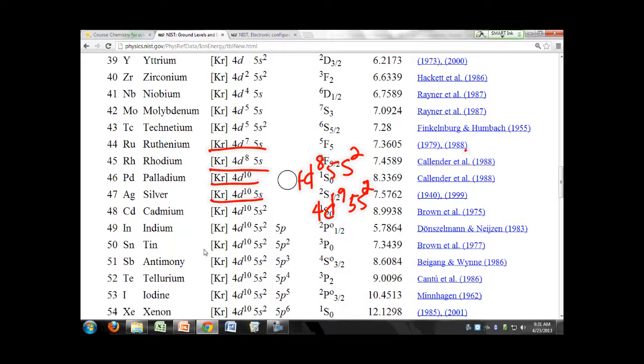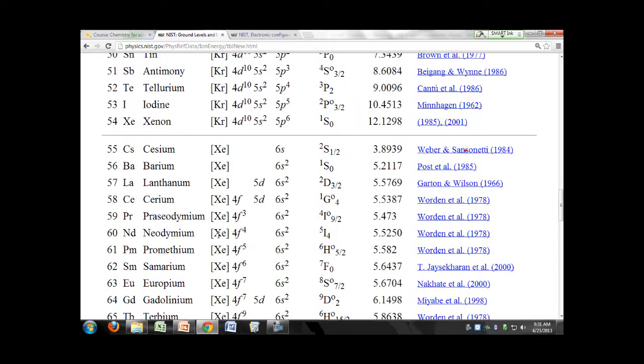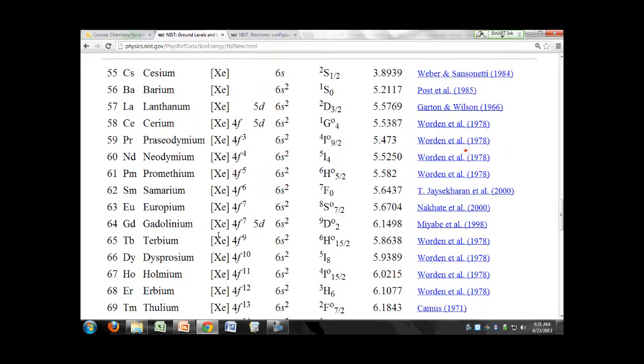Now let's look at a few more exceptions. You'll see even more exceptions when you start filling in the F subshells. Once you get to your lanthanide series, here's an exception. You go with the 5D first before the 4F, but here you go with 4F first and then 5D. Instead of 4F1, you have a 5D1.